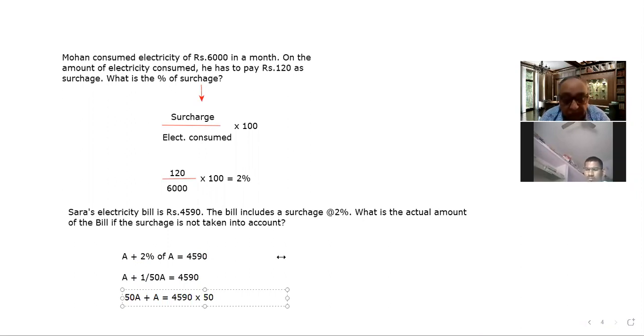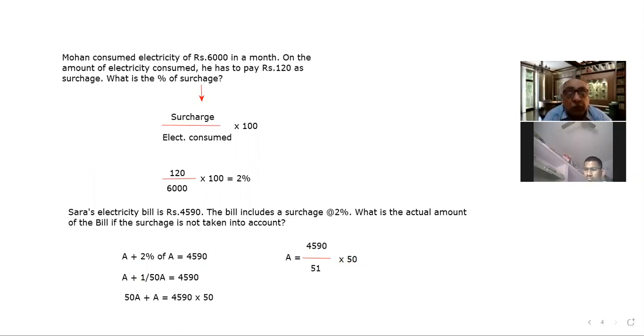So the value of A would be equal to 4590 divided by 51 and multiplied by 50, which is already there. So it will be solved now.